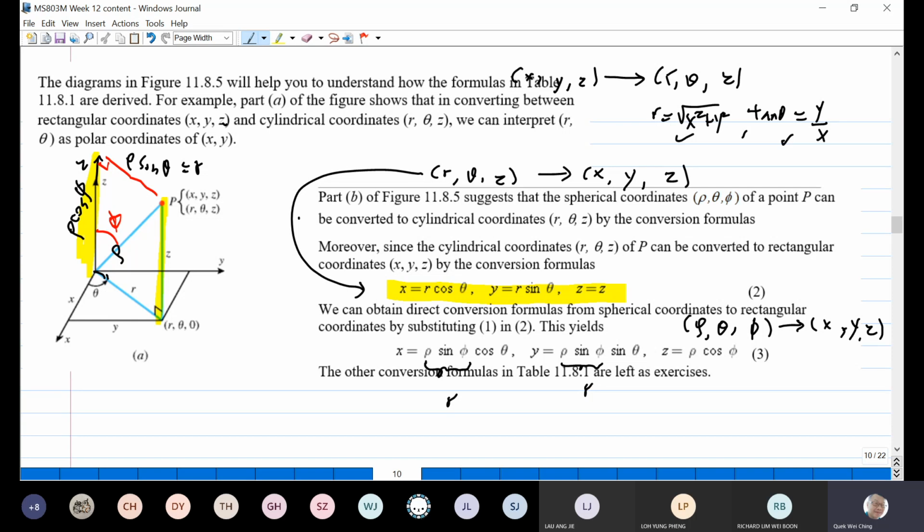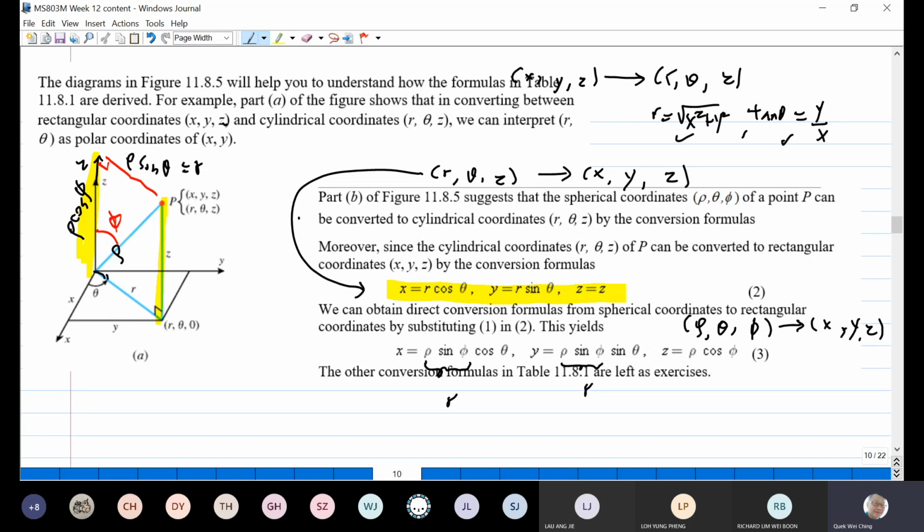Okay, rho cosine phi. That's why you have this formula. It is the same as the z here. That's why you can convert rho, theta, phi into x, y, z in this way.